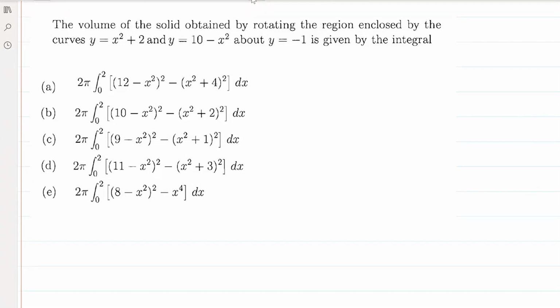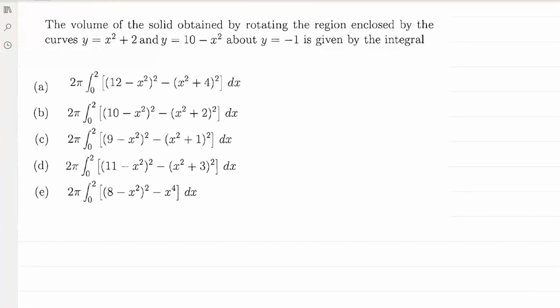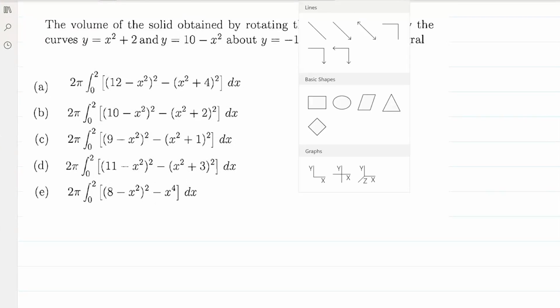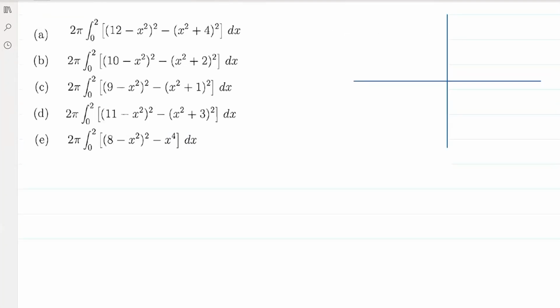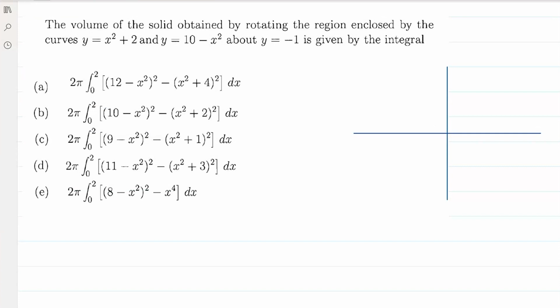Okay, I will choose Mujtaba Muhammad. Did you graph the region, Mujtaba? Yeah. So what will its graph look like? The first is a parabola, open up and shifted up 2 units. So it will be something like this. This is the first curve, y equals x squared plus 2.